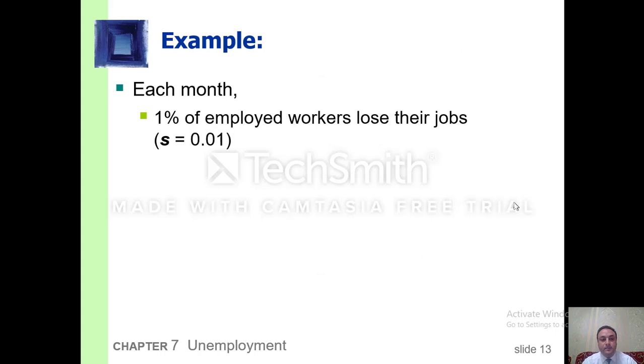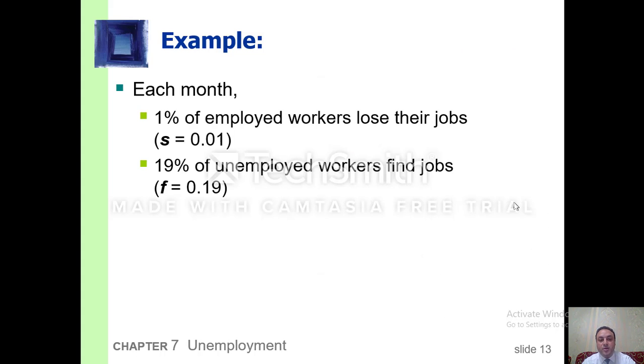Let's take an example. For each month, for example, 1% of employed workers lose their jobs. If we assume the labor force is 100 persons, one of them loses their job each month. So here S equals 1% or 0.01, and 19% of unemployed workers find jobs, so F here will equal 19% or 0.19.